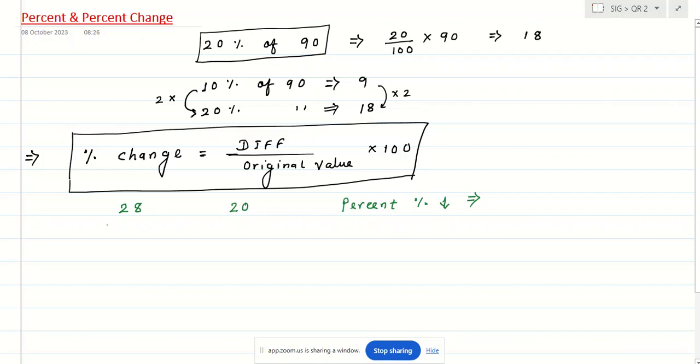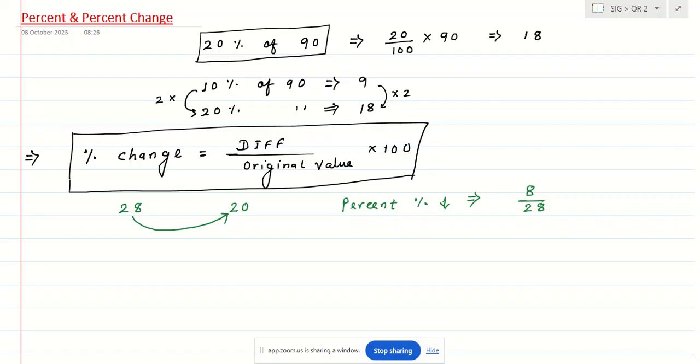Decrement is from here to here, correct? So how much is the difference here? The difference is 8. And what is the original value? 28, because decrement must happen from the greater value to the lower value.